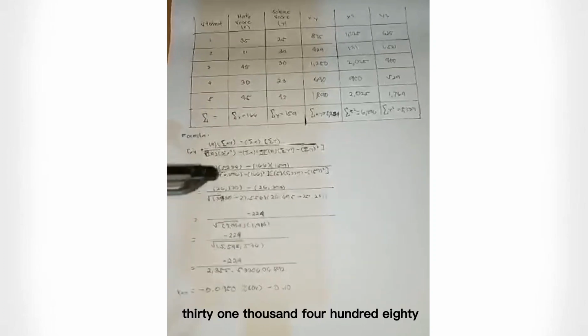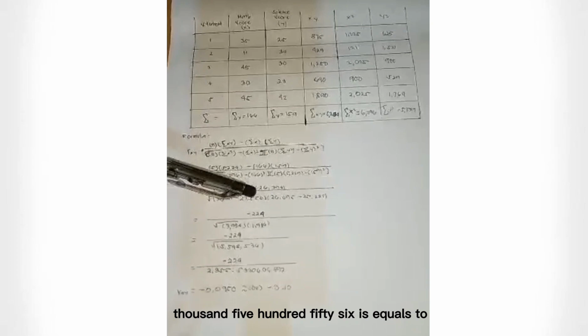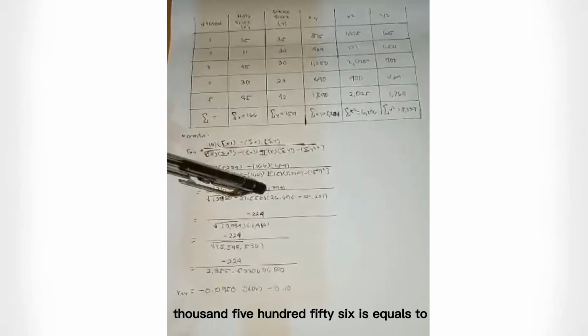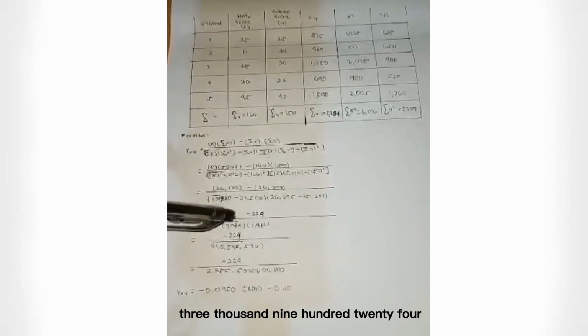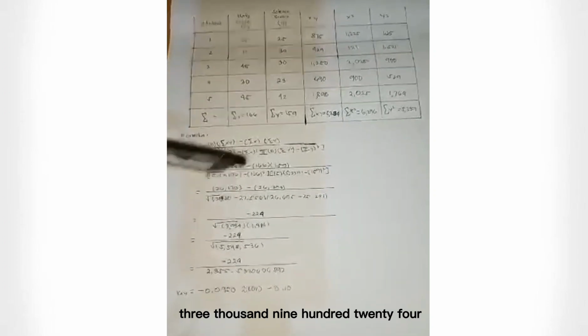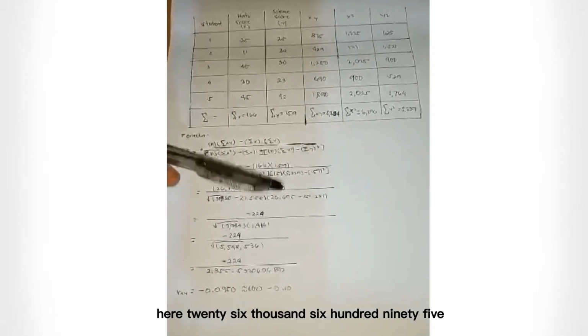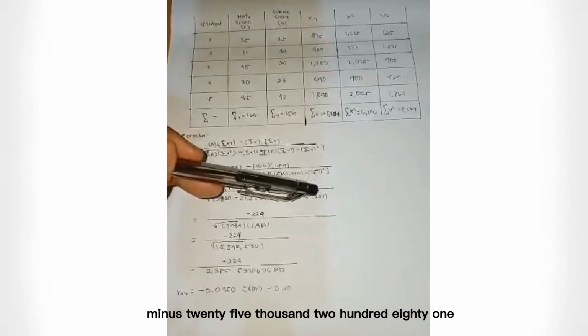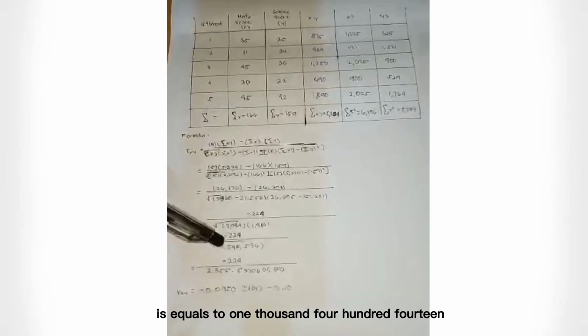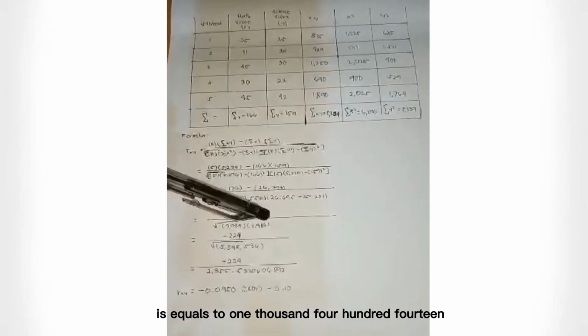And then 31,480 minus 27,556 is equal to 3,924. Here, 26,695 minus 25,281 is equal to 1,414.